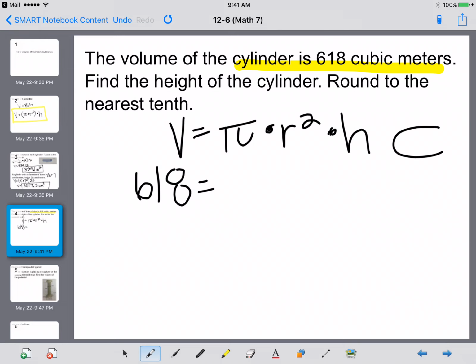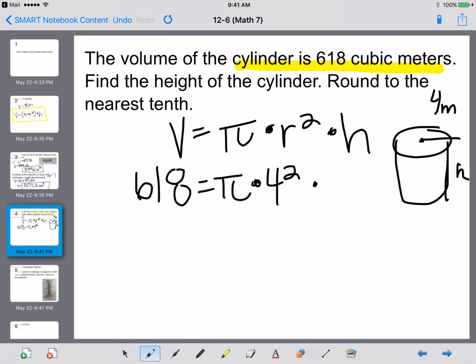I forgot to add the picture of our cylinder over here that's showing us we have a radius of 4 meters and a height of h. So it'll be pi times 4 squared times h.